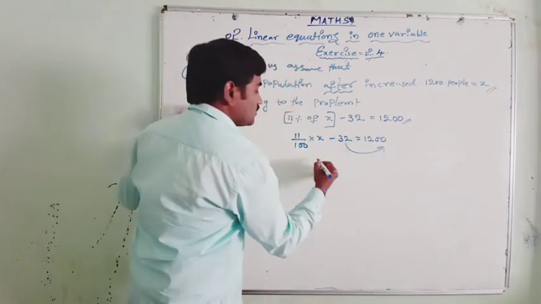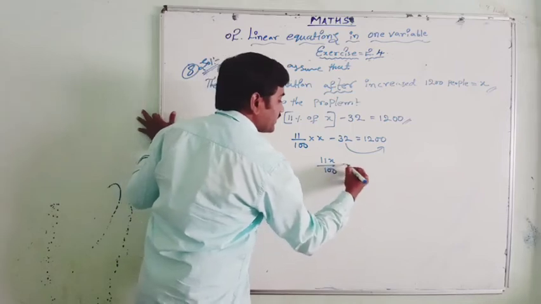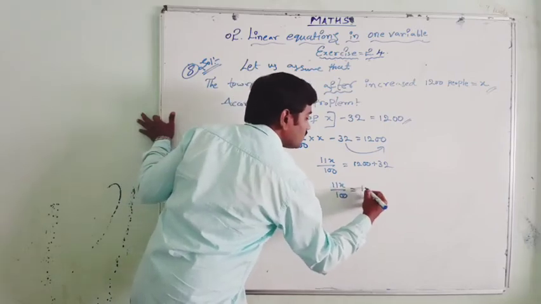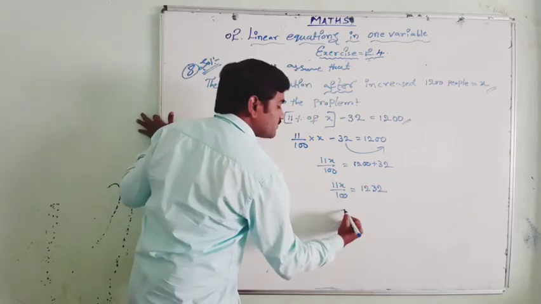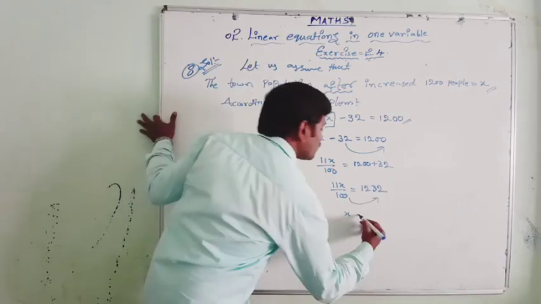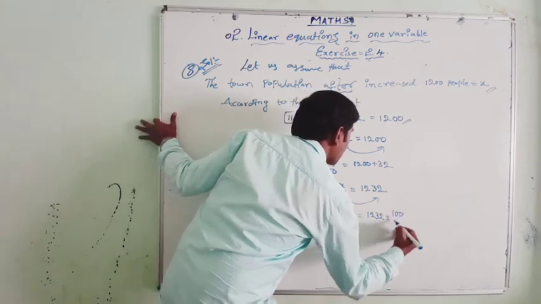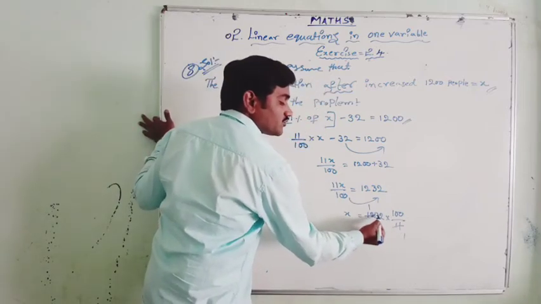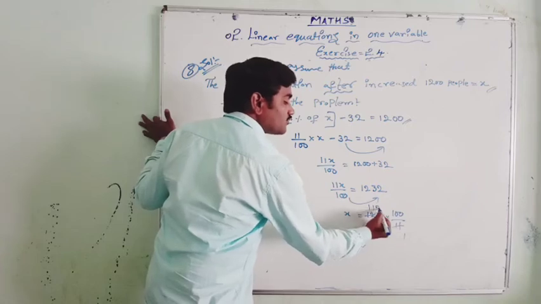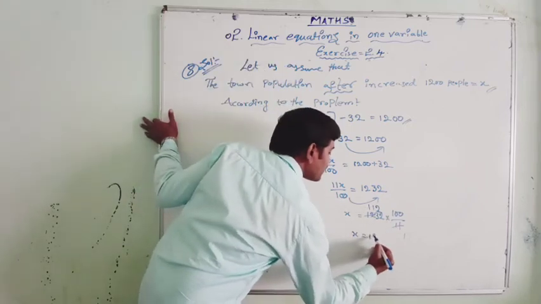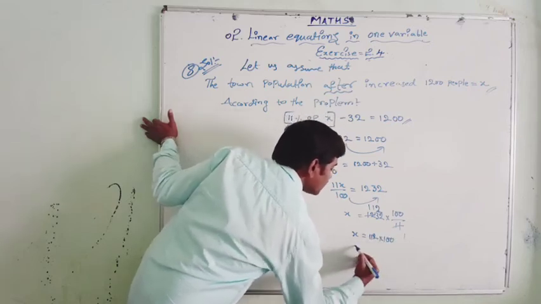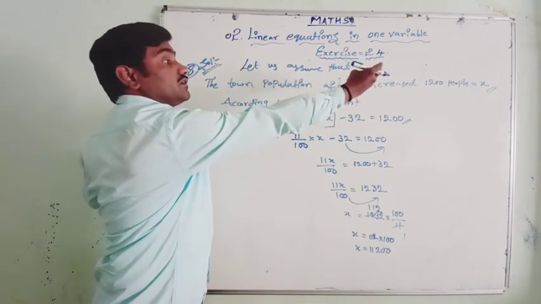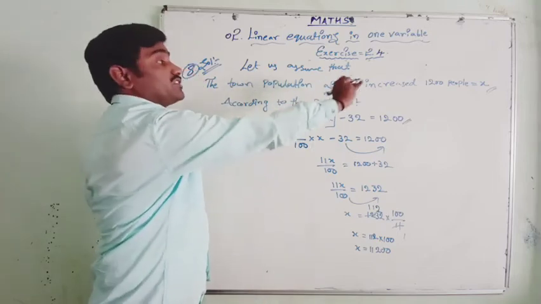Transfer the minus 32 to this side: 11x by 100 equals 1200 plus 32, so 11x by 100 is equal to 1232. Keep x here and transfer the remaining terms: x equals 1232 into 100 by 11. 11 ones are 11, 11 twos are 22, so x equals 112 into 100, that is 11,200.